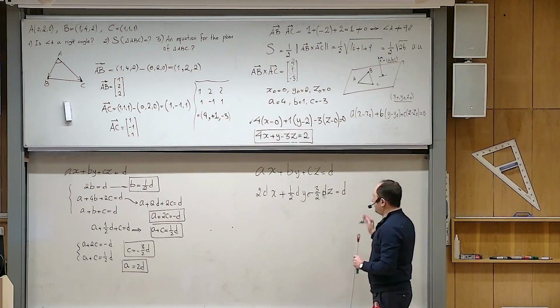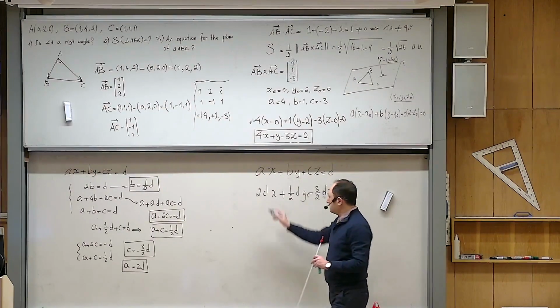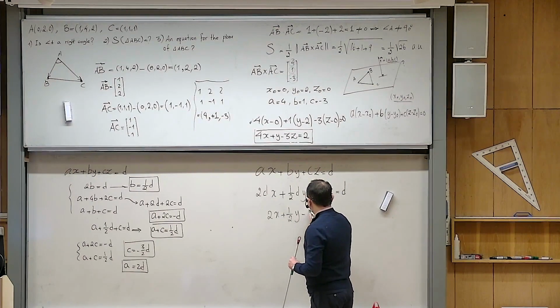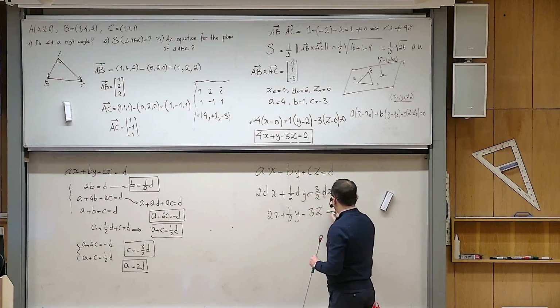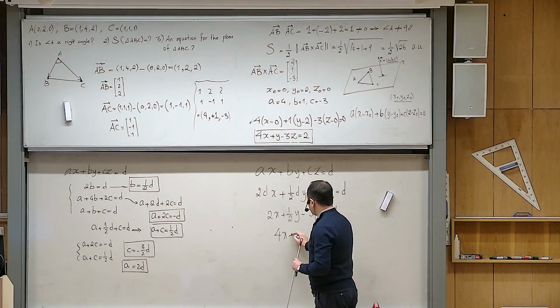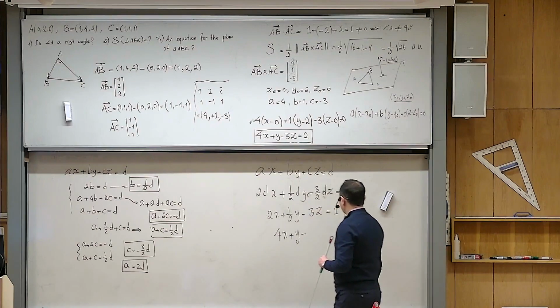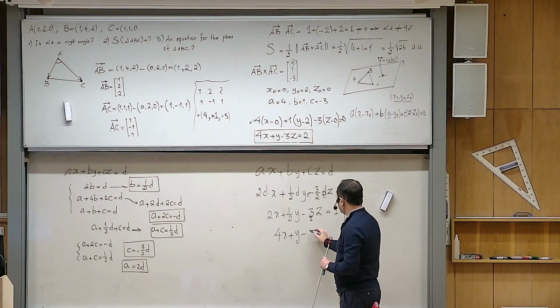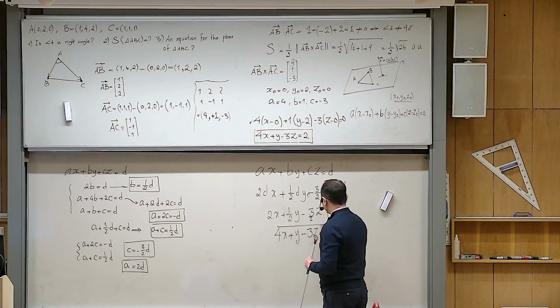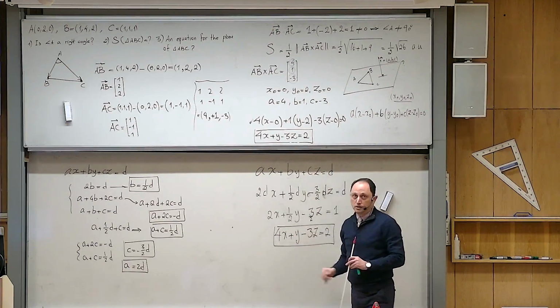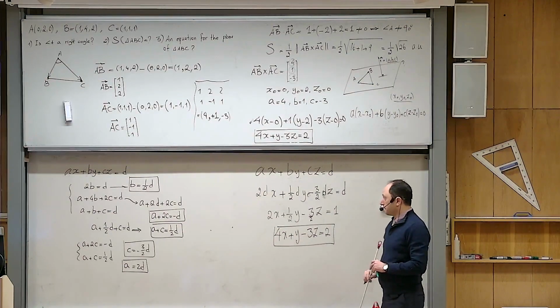Okay? Now I divide everything by d, so I will get 2x plus 1/2 y minus 3/2 z is equal to 1. I multiply everything by 2, it becomes 4x plus y minus 3z is equal to 2. And then if you compare this equation with that equation, they're exactly the same.